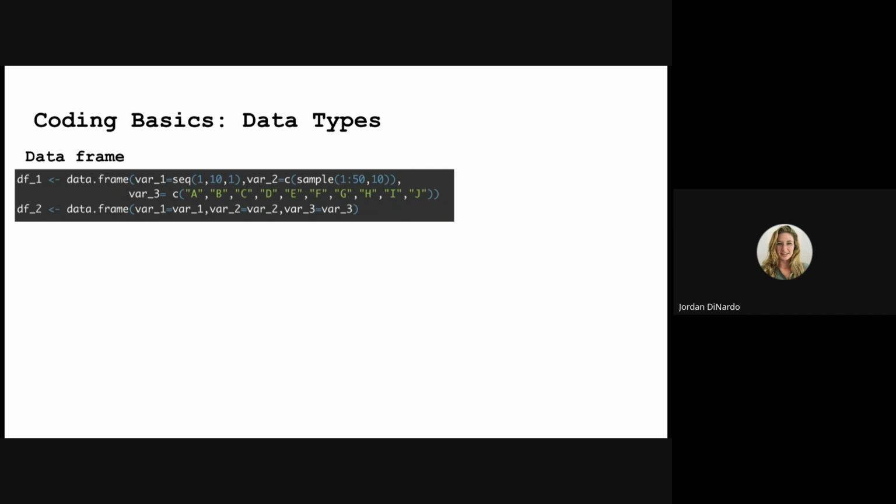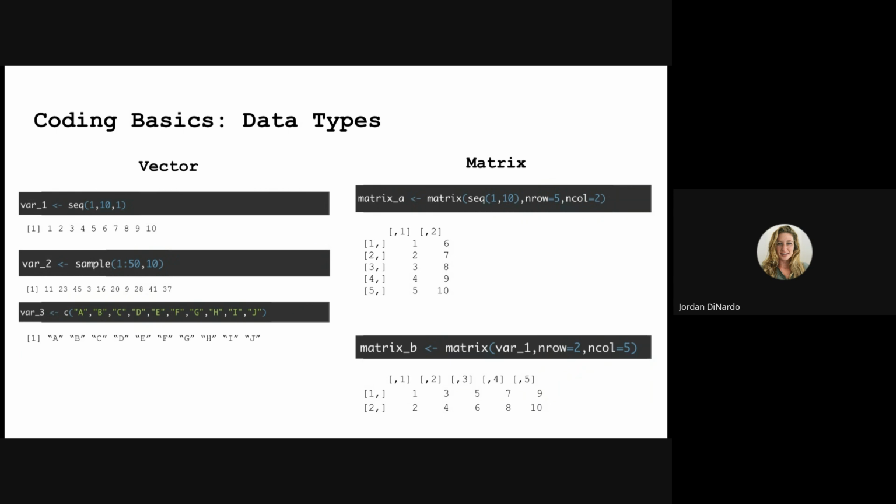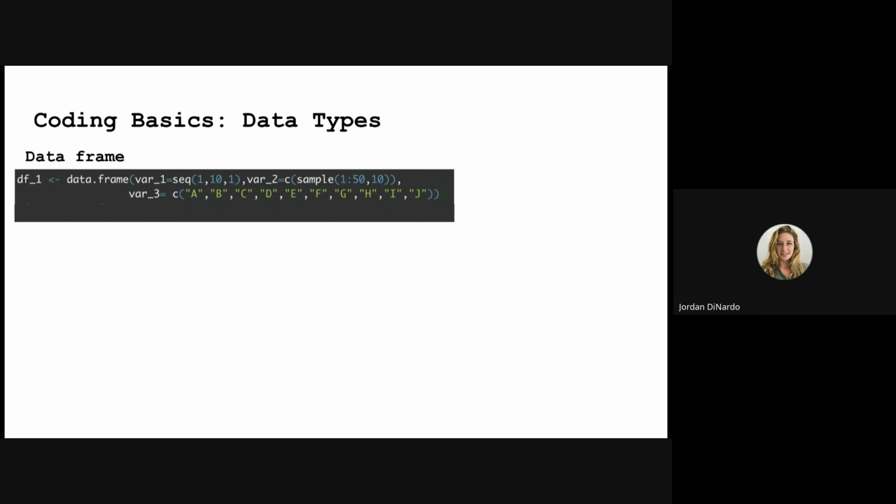Okay, so remember in the previous slide, we've already created these vectors, right? So these are in your environment. A shorter way that you can do this is just say this column name of var1 is going to equal that vector that we've created. Same with var2 and var3. You don't have to spell it out within the data frame.